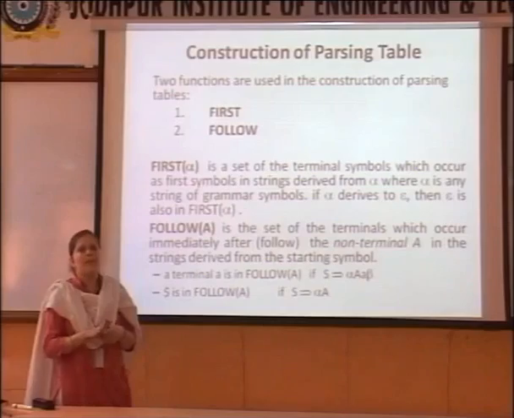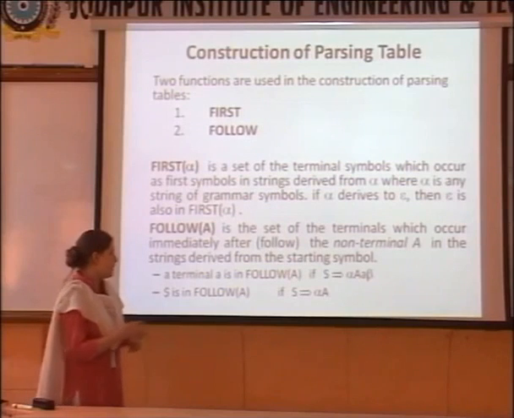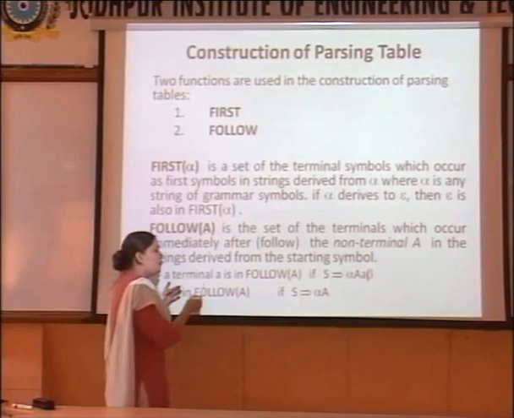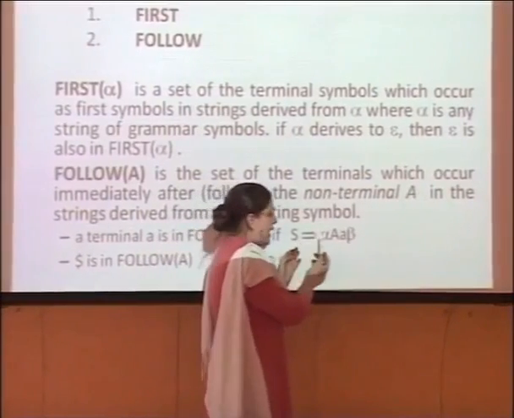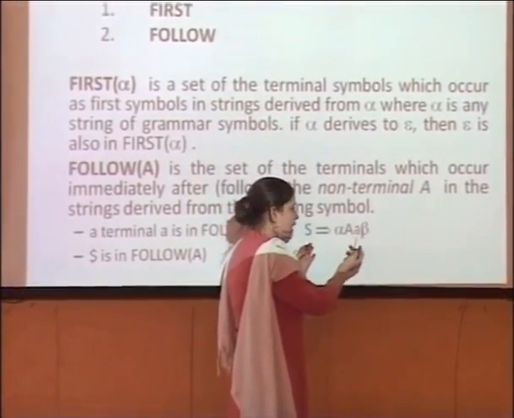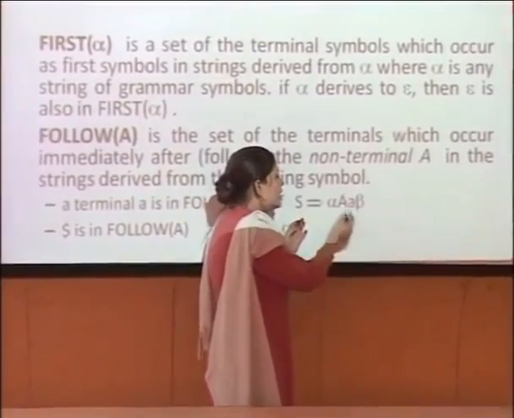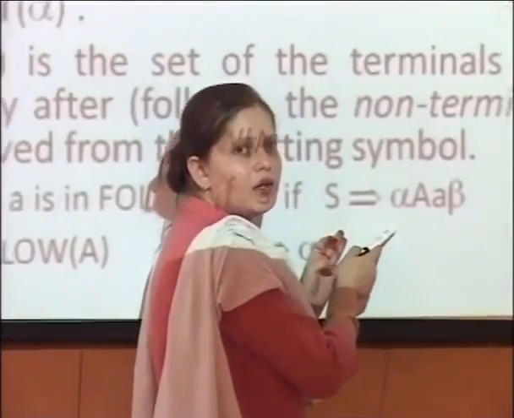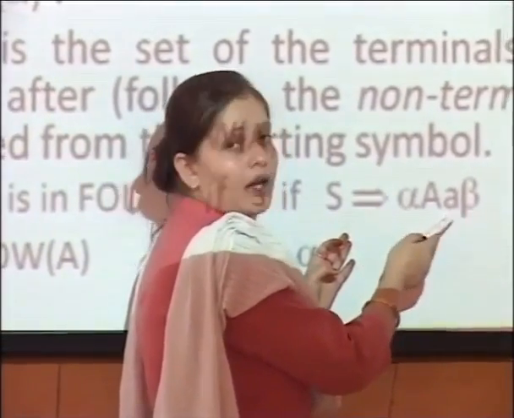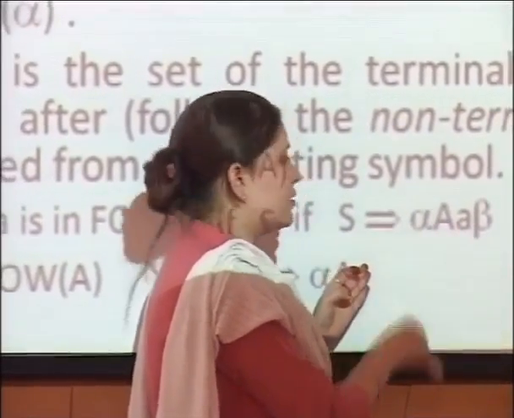If you people want to see a simple example, we can see for a given grammar that S is equal to alpha, capital A, beta. Here, capital S, capital A and beta are behaving as non-terminal symbols, and alpha and a are behaving as terminal symbols.